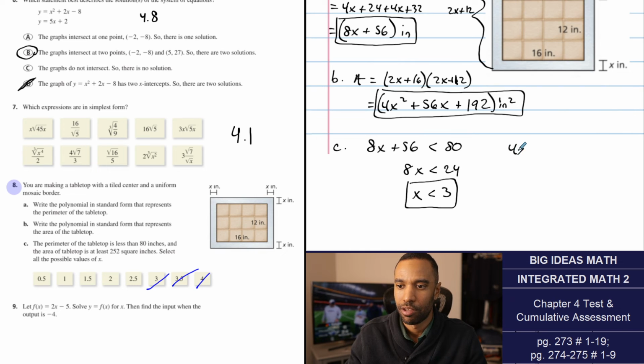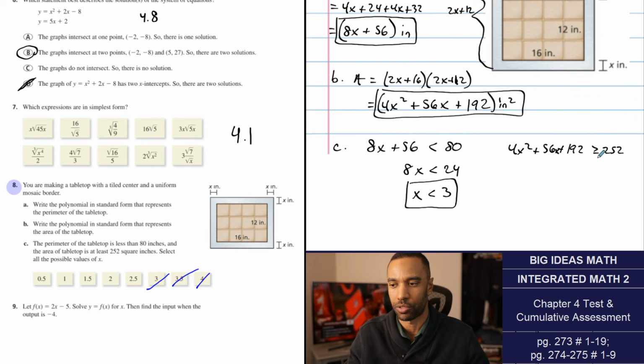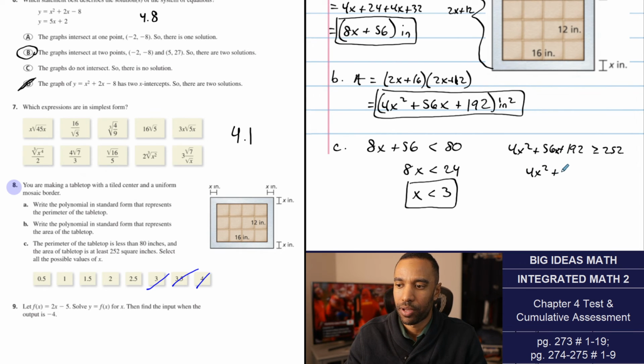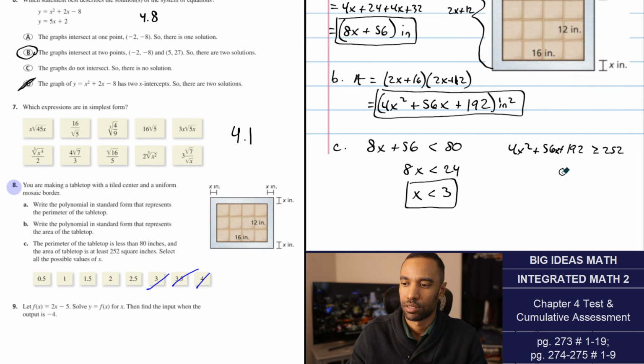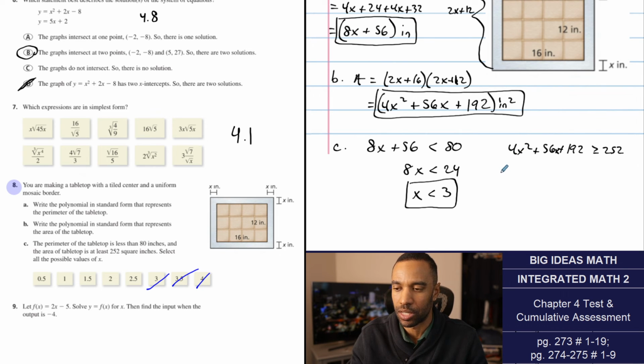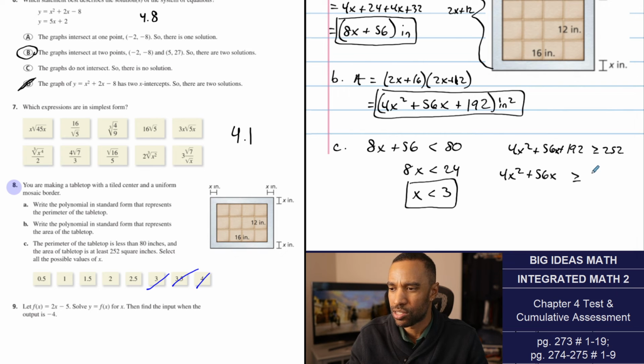Now for this, 4x squared plus 56x plus 192 has to be at least 252, greater than or equal to 252. If I divide by 4, I'm going to use a completing the square version of this eventually. So I'm going to subtract the 192 over, is greater than or equal to 60.